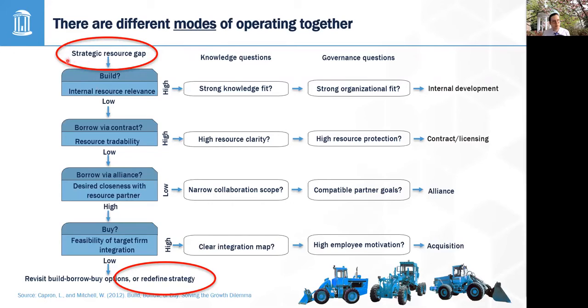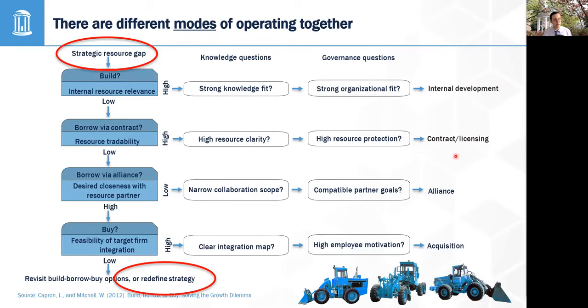So with internal resource development, the question is the relevance of your existing resources, and that includes your knowledge fit and your organizational fit. And again, you move through each of these, and if you reject it, you move forward and consider the next step, and you do this one step at a time.